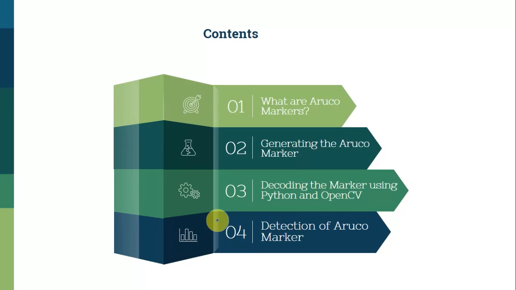We'll get to know a few concepts about the Aruco Markers, why it's used, the applications which are out there, and secondly, we'll see how we can generate the Aruco marker both using the code as well as online from third-party sources, and third, we have decoding the marker using Python and OpenCV. After that, we can go ahead with the detection of Aruco markers in real world sense.